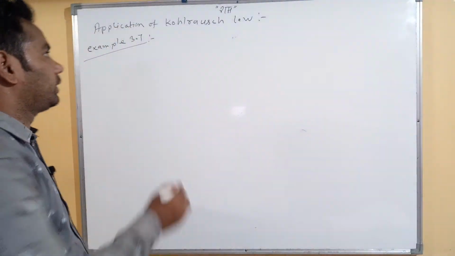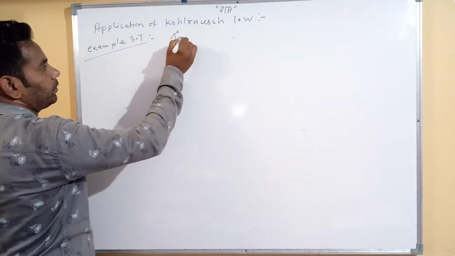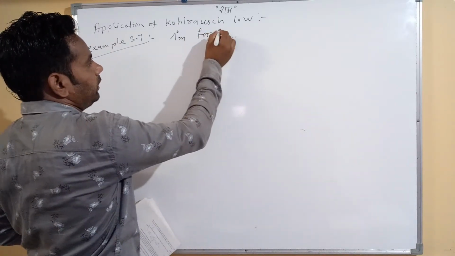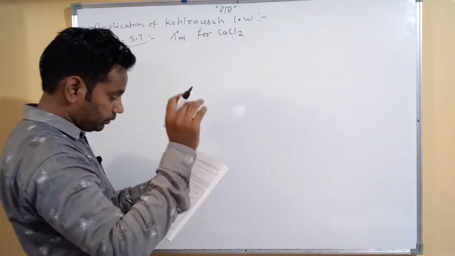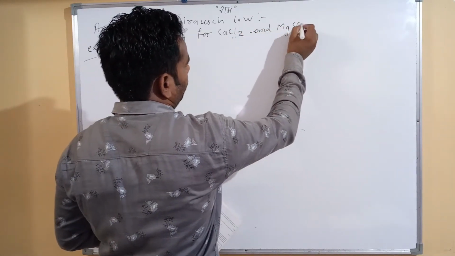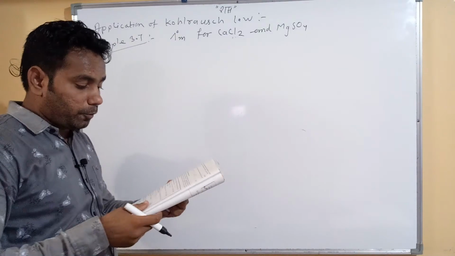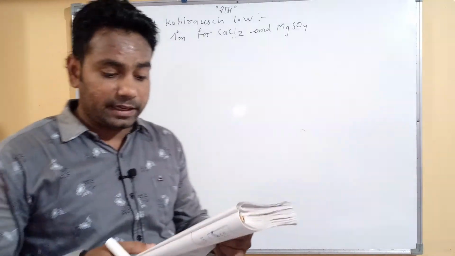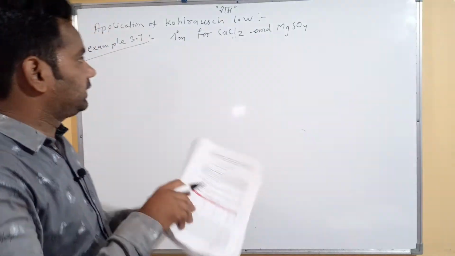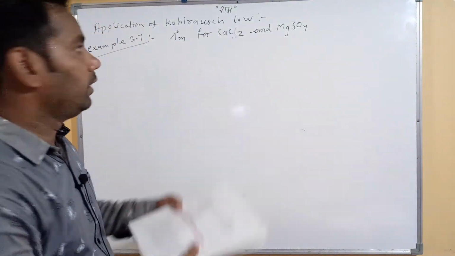Calculate the limiting molar conductivity for CaCl2 and MgSO4 from the data given in table 3.4. So I check this table.